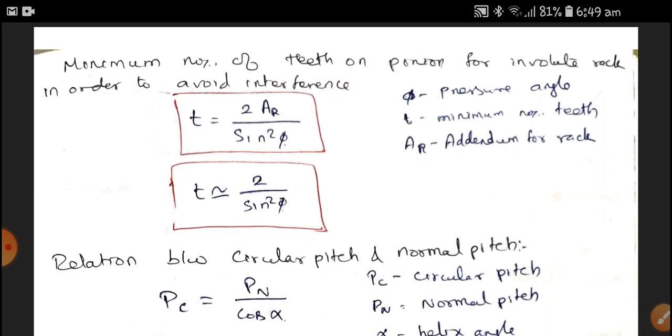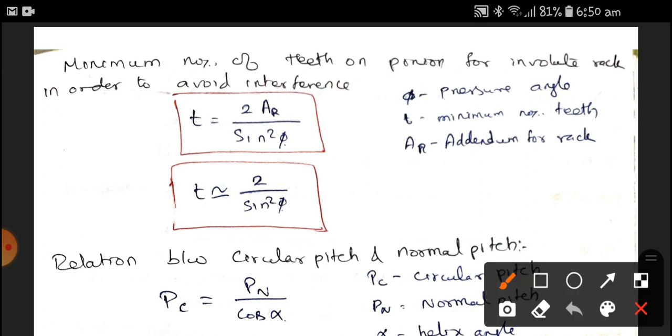Next, the minimum number of teeth. How to find the minimum number of teeth in the pinion of the involute rack system in order to avoid interference: we have a formula, T is equal to 2 into AR divided by sine square theta, where phi or theta is the pressure angle, T is the minimum number of teeth, and AR is the addendum of the rack. This is the formula for the rack and pinion arrangement.